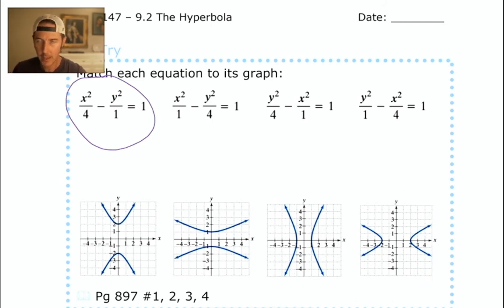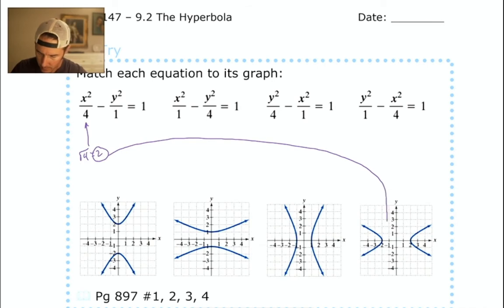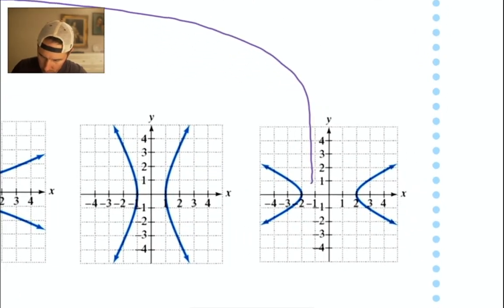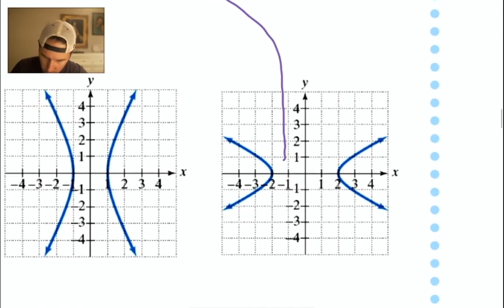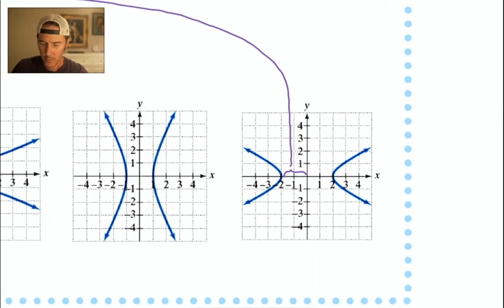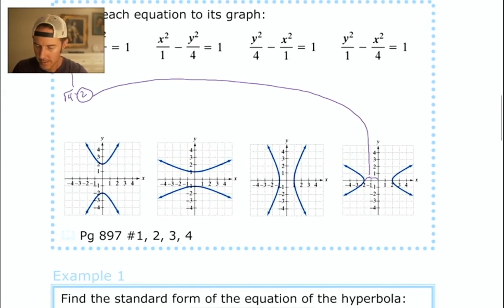And then in the x direction, the square root of its denominator, so the square root of 4, is 2, and that was sort of that horizontal radius. So that distance of 2 is right here. Right, so that's how I'm identifying it.